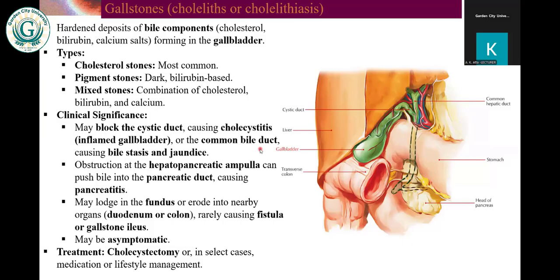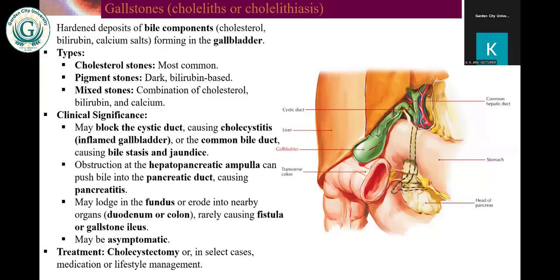Now, so you're talking about a stone being stuck here in the cystic duct. So it means that bile cannot flow. So you can have the gallbladder being inflamed. Or if it blocks here, the common bile duct, then it can lead to jaundice.